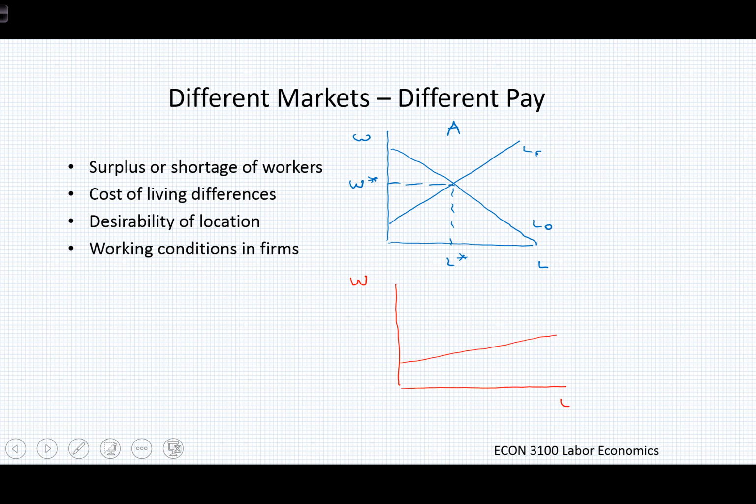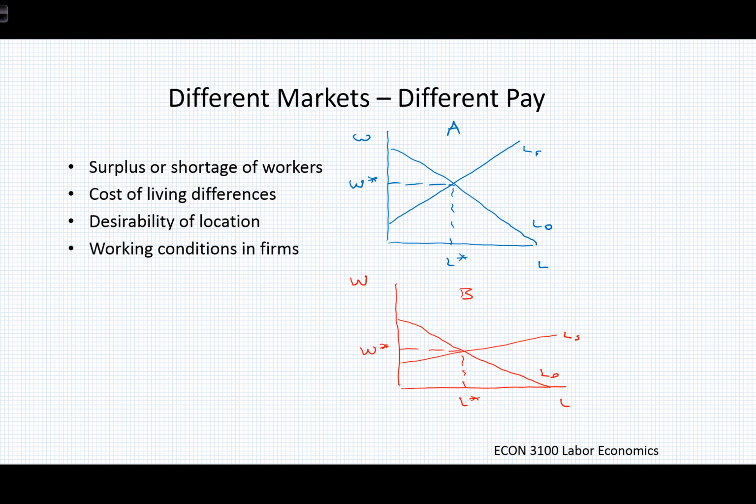Maybe it even started at a different reservation wage, and maybe we also have a very flat labor demand curve, such that we have a different W star and L star for market B. So the red W star for market B and the blue W star for market A may well be very different as they appear to be within these two models.